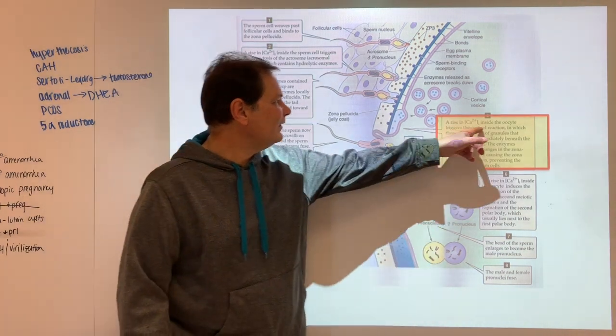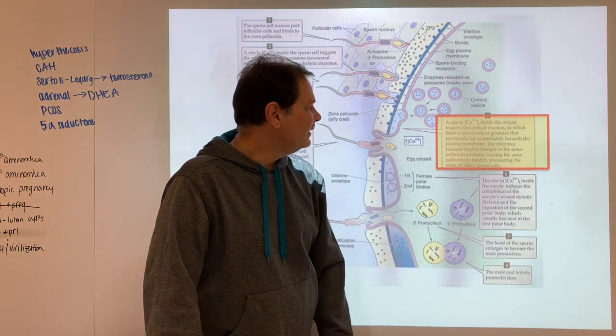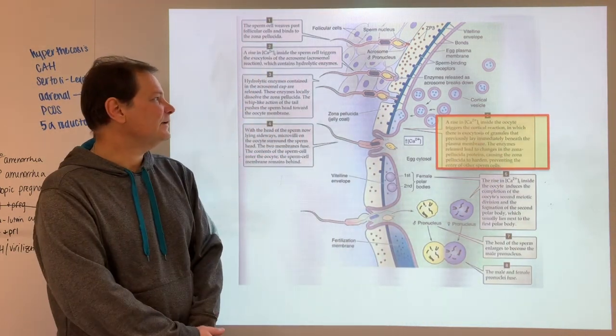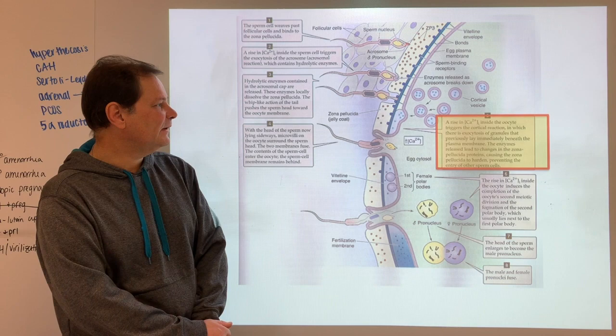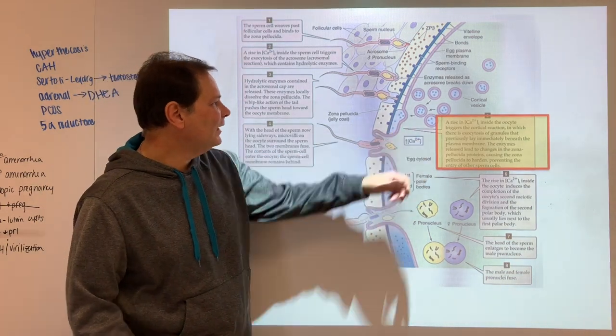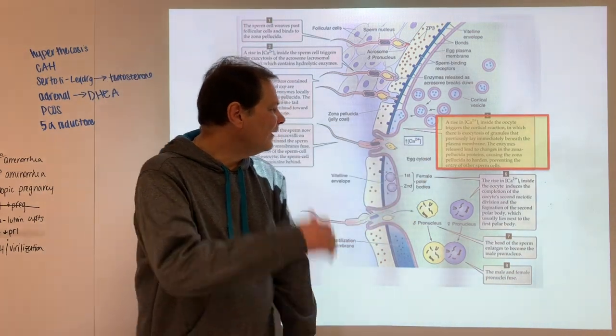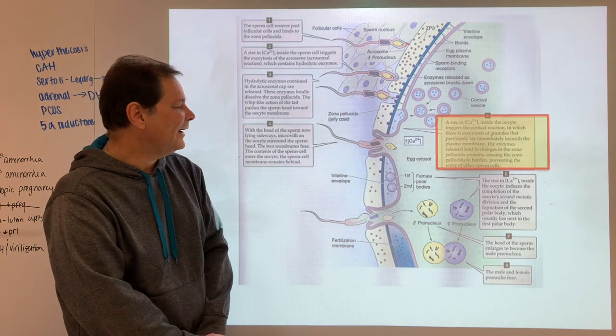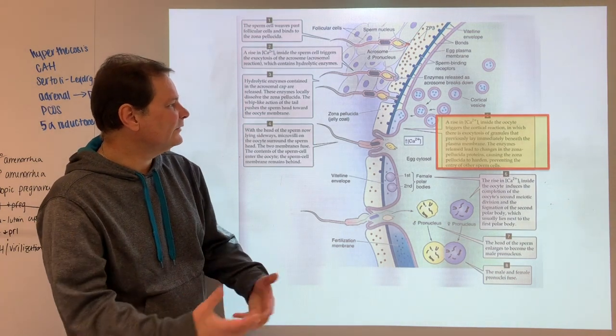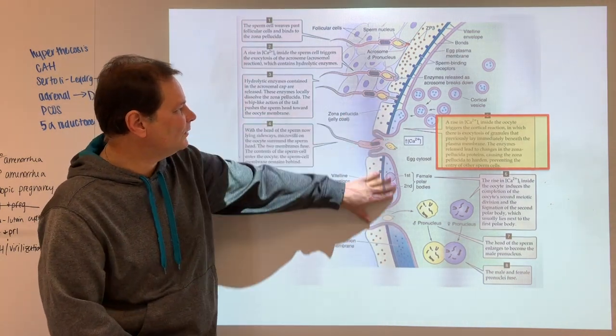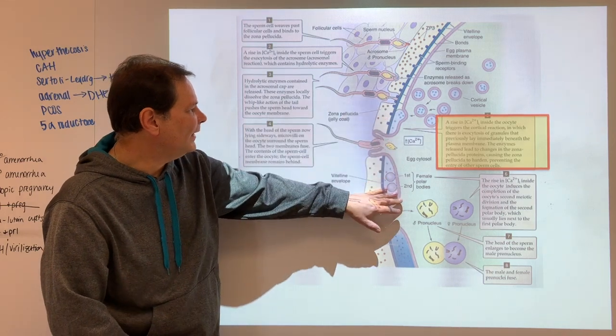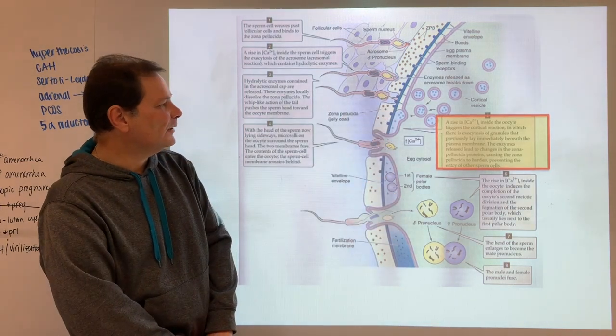A rise in calcium inside the oocyte triggers the cortical reaction, and this is why winner takes all, because when the calcium goes up, you get exocytosis of granules that harden the zona pellucida, so no other sperm can get through.